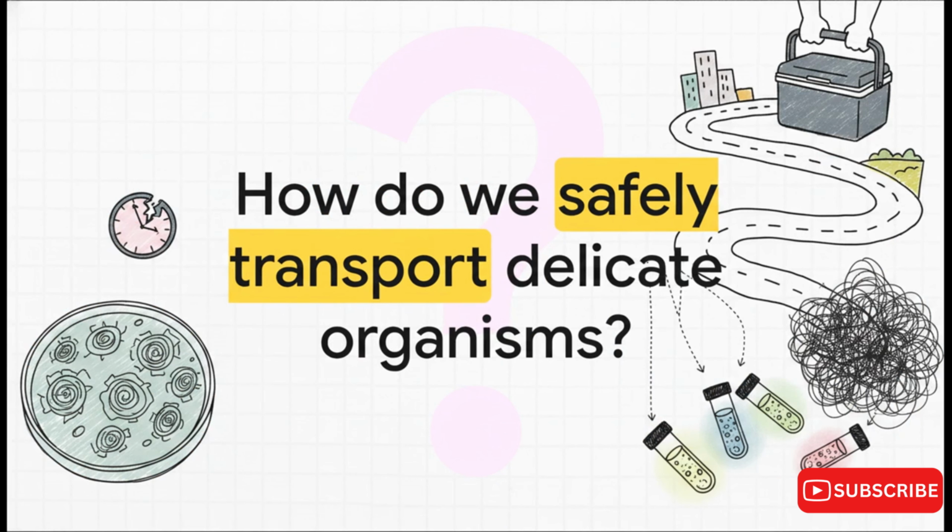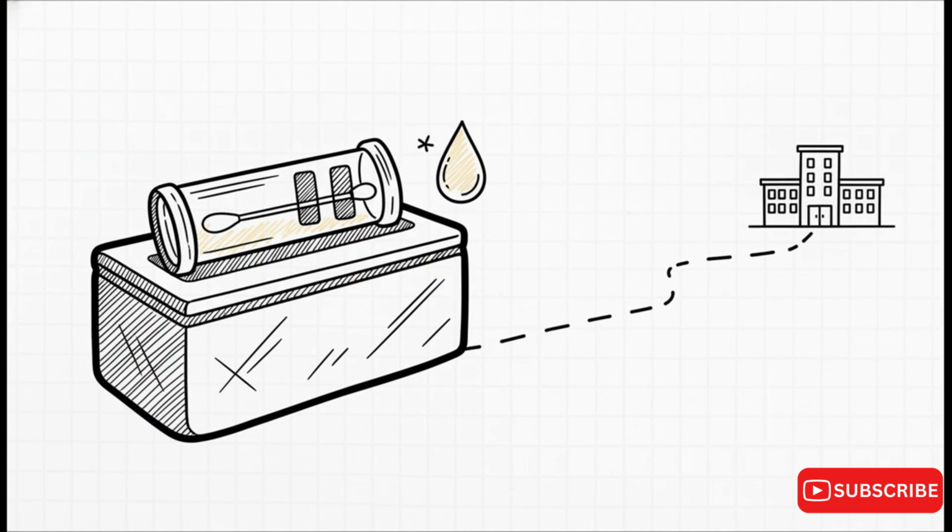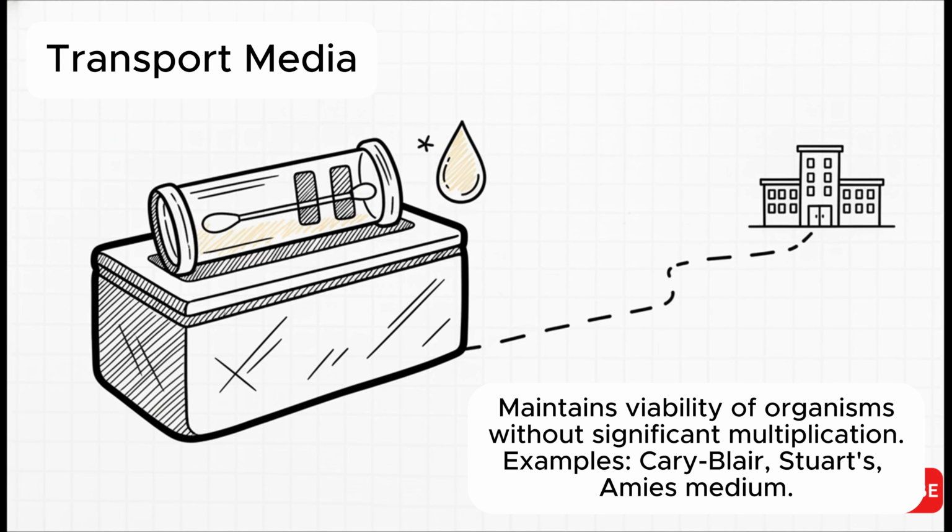Well, this brings up a rather crucial logistical puzzle. If we have a very delicate sample from a patient, how exactly do we safely move these microbes across a city or even a country without letting them die off? Or, honestly, just as dangerously, without letting them overgrow and completely ruin the sample? The elegant answer to that is transport media.